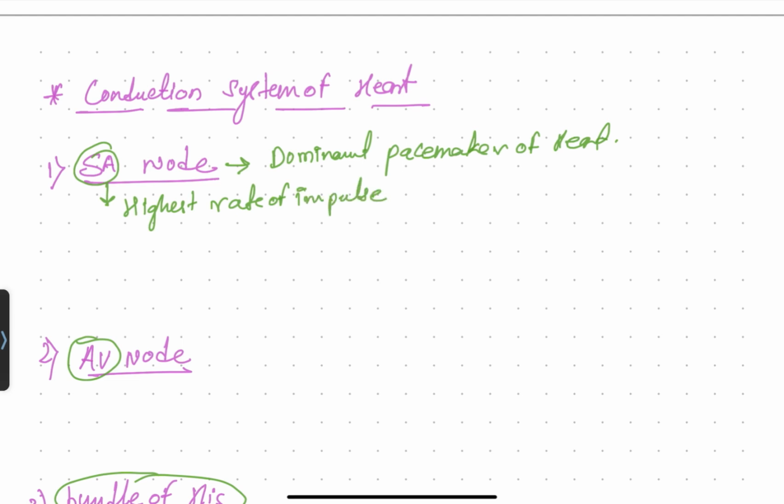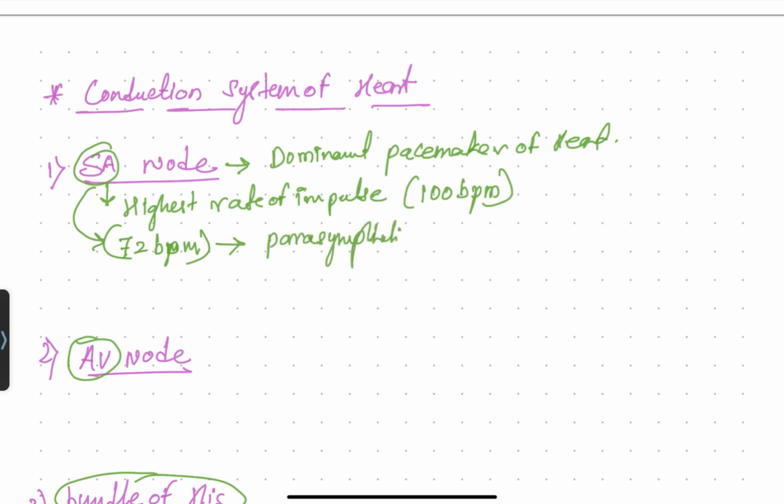Okay, so the SA node generates the highest rate, how much? This is 100 beats per minute. So the SA node will generate impulses at 100 beats per minute at a normal rate, but our heart rate is 72 beats per minute, right? So this is due to the parasympathetic nerve action.